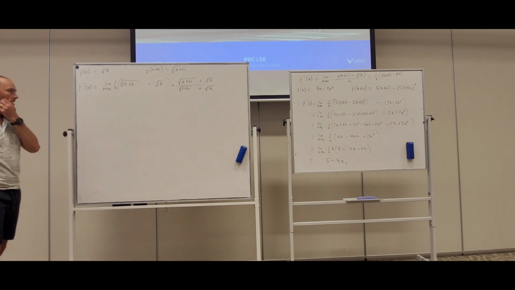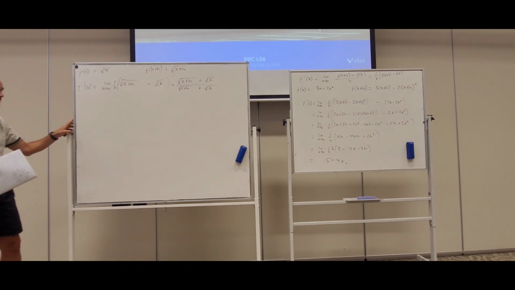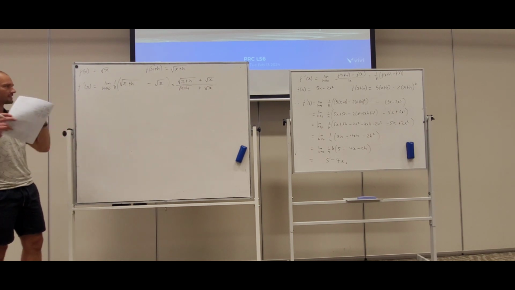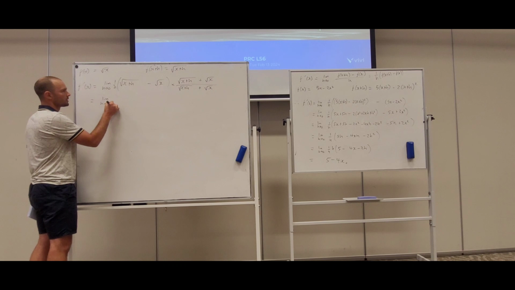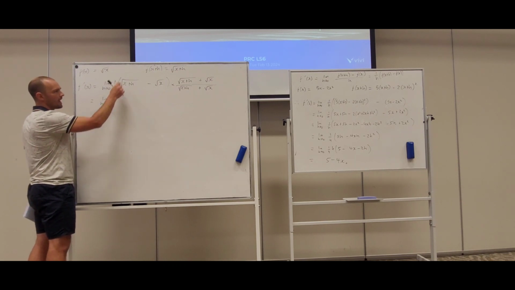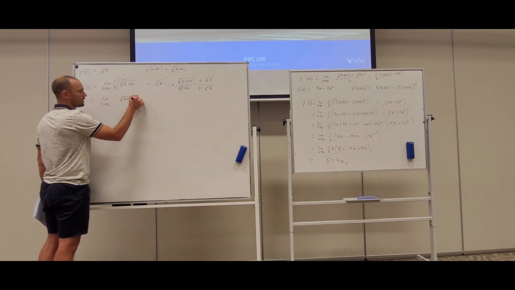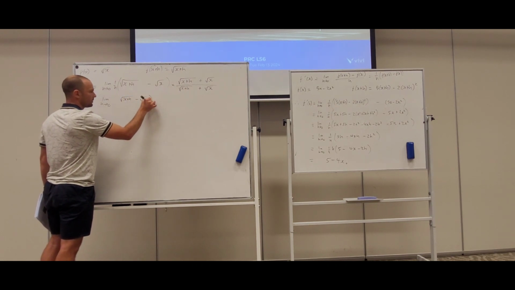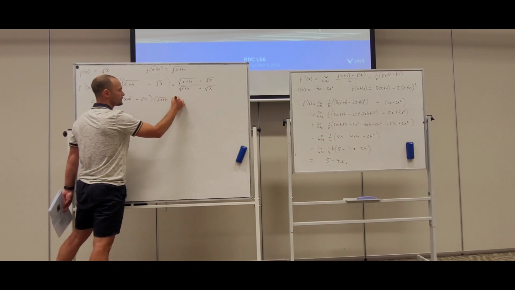All right? Now, this is useful for us, and I'll demonstrate why to you. Let's collect it all together first, and then I'll show you. So what I have at the top is root x plus h take root x, multiplied by root x plus h plus root x.